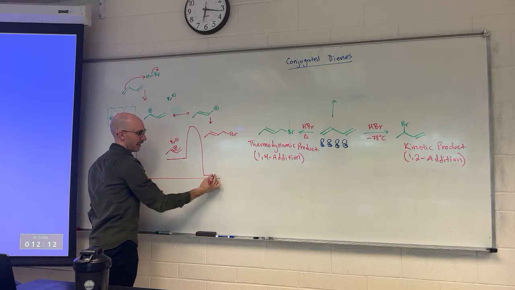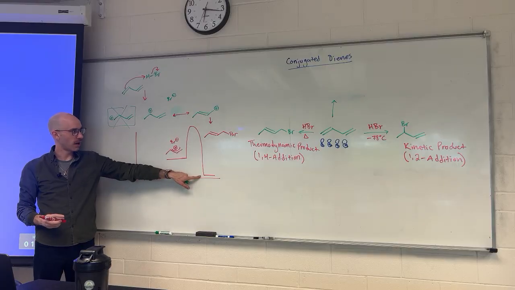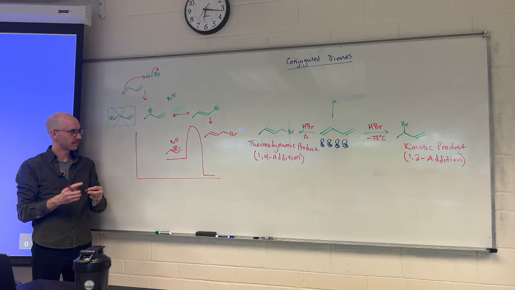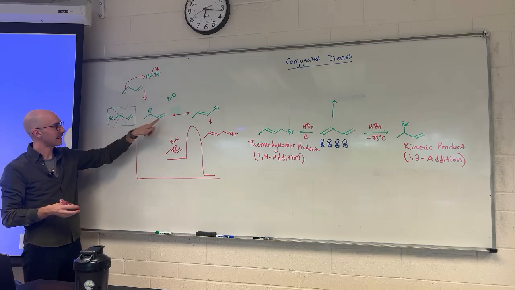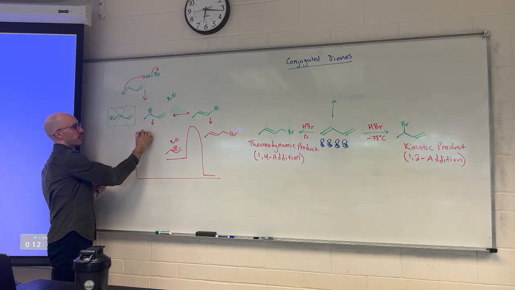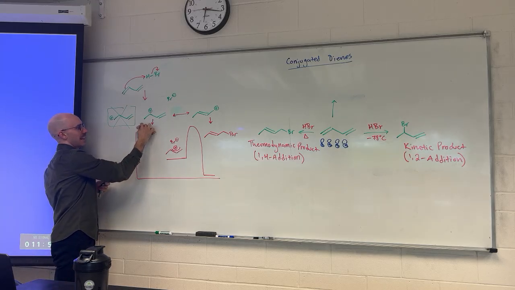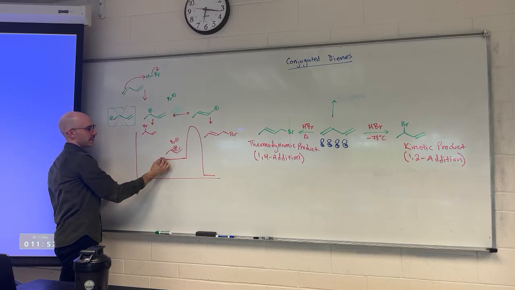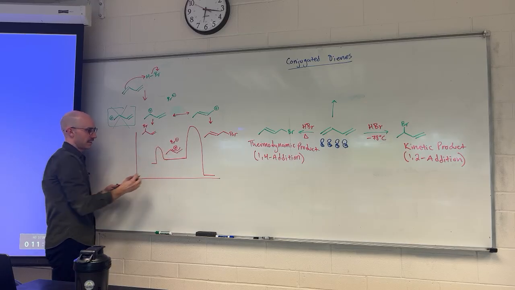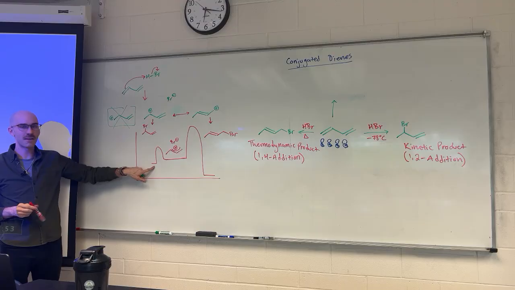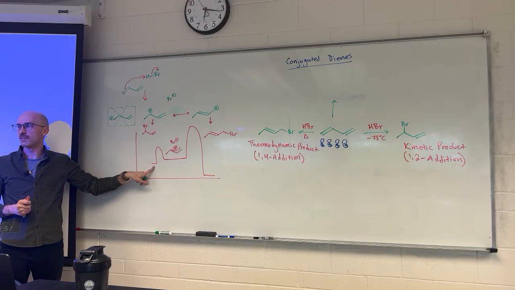But when I do that, I form a more stable alkene. On the left-hand side, if my bromide reacts with my secondary carbocation, this does not take as much energy, but it does not provide as much stability in the final product.